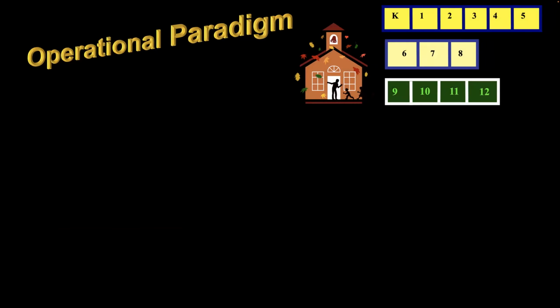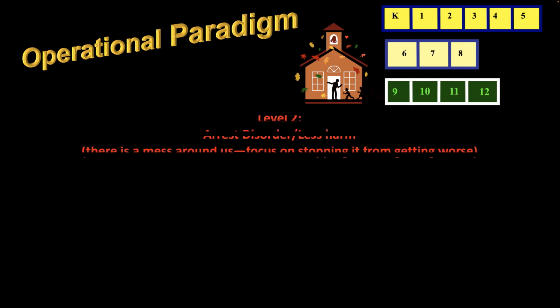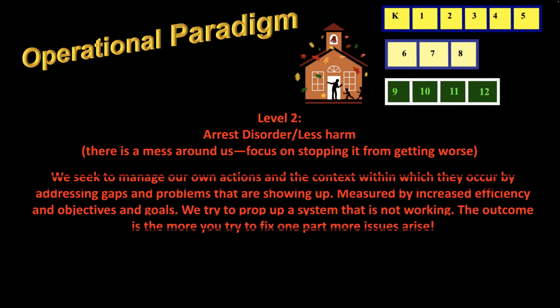So again, the operational paradigm, really, if you think about it, and you can disagree with me or agree with me on this, is really arrest disorder. Because there's a mess around us, we've got to focus on stopping it from getting worse. And depending on the political environment with any given community, that can range across many different voices and issues within that.